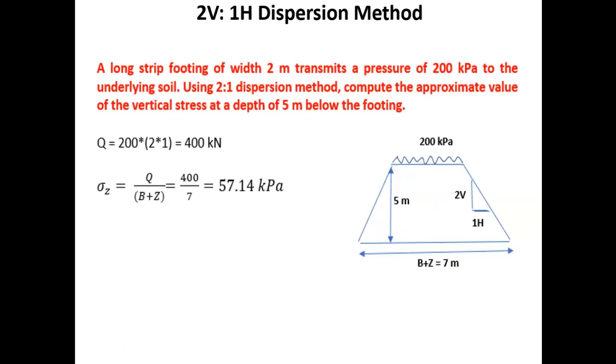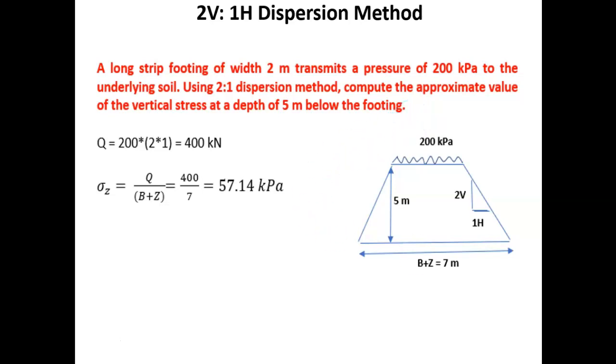Now let us see some examples. A long strip footing of width 2 meter transmits a pressure of 200 kN per meter square to the underlying soil. Using the 2:1 dispersion method, compute the approximate value of the vertical stress at a depth of 5 meter below the footing.